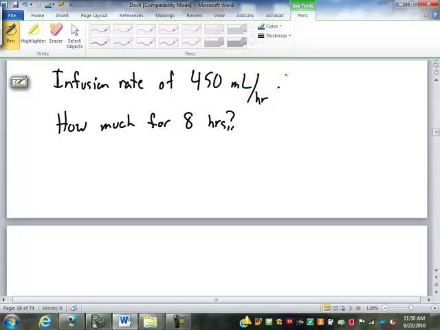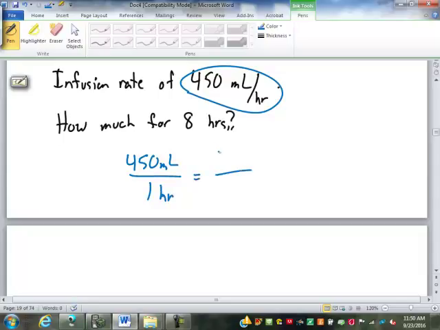What we can do with our rates, remember our rates are really a fraction. 450 milliliters per hour is really 450 milliliters over 1 hour. We want to know how much this is going to be for 8 hours.